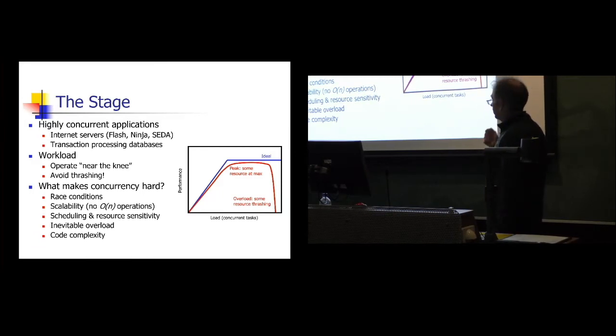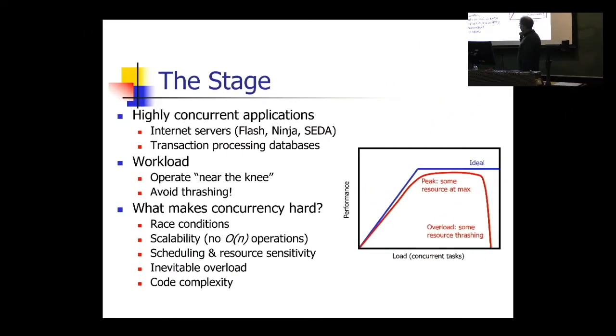And so there was a lot of work on how to build web services that were efficient and could effectively operate what they call near the knee. And so I'll spend a bit of time talking about the knee, because the knee is actually something worth knowing in general, more broadly than what we're talking about today.